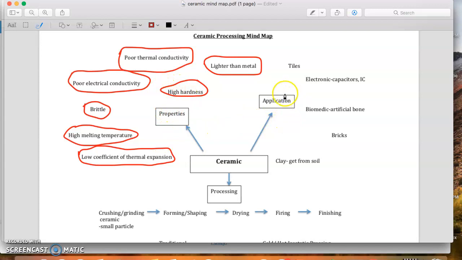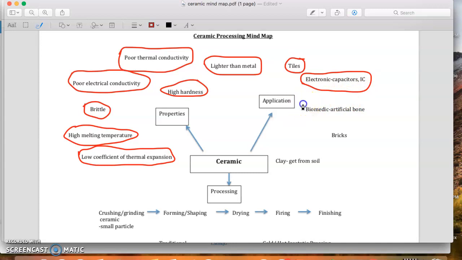So for the application of ceramic, it is usually used for tiles, and also in the electronic industry, they use ceramic to build the capacitor and also packaging for integrated circuits, because ceramic is a thermal insulator that protects the circuit from being exposed to high temperature.